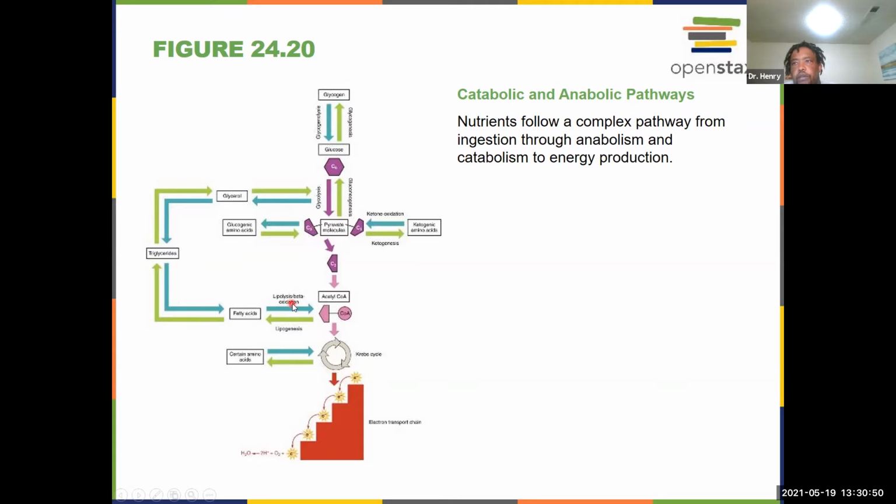So that is going to be your catabolic pathways. And then you have your anabolic pathways, which are going to be acting in reverse to that. And so it's kind of cool. You have things that are going in both directions, so you have a sense of equilibrium, a balance that is presented by the metabolic pathways.